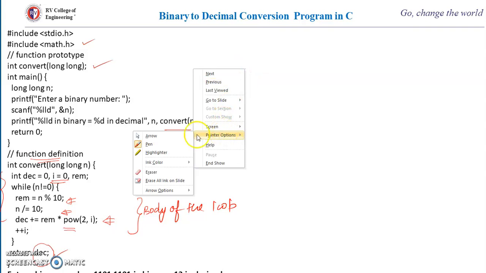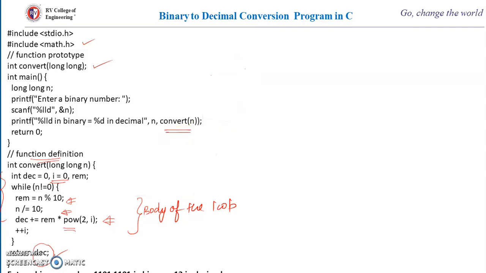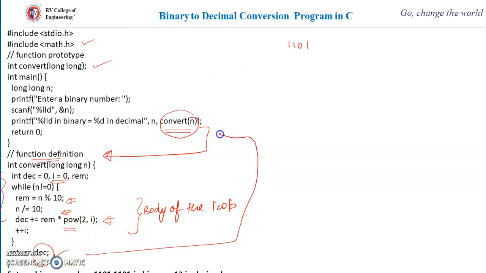Suppose the user enters 1101, the previous example which we took. Then we have called the function convert with n, so control will come to the function definition and the while loop will be executed. Once we exit from the while loop, the value of decimal is returned, and it goes back to the main function and the value is printed.